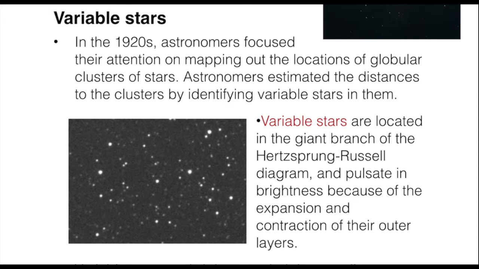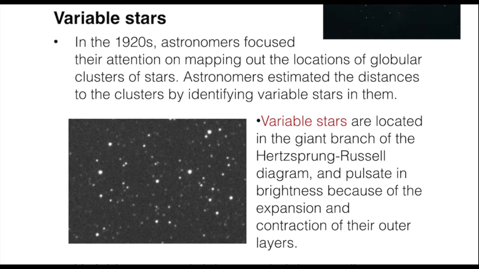And these variable stars allowed astronomers to determine how far away they are based upon their brightness. That math relationship enabled astronomers to map at least some stars in the Milky Way. And then, bit by bit, they were able to determine a map where the Milky Way was something that we're embedded in rather than something that we're looking at from the outside.